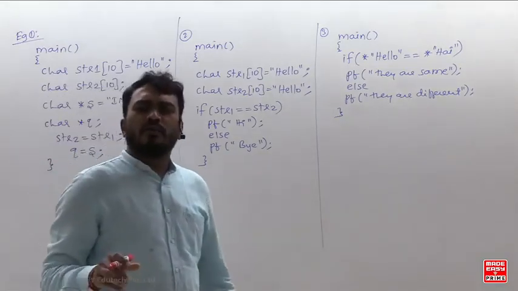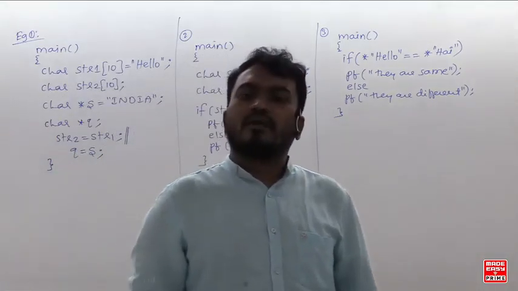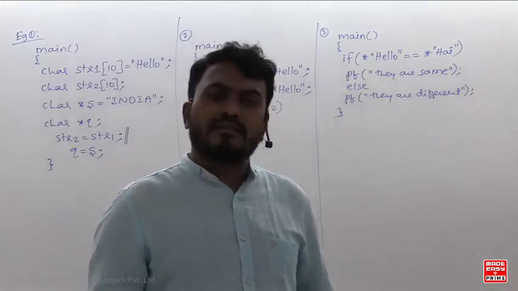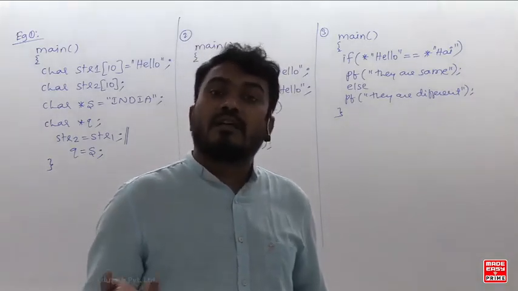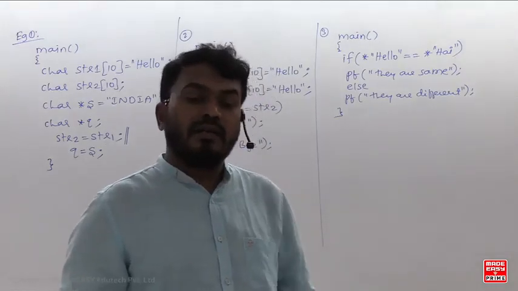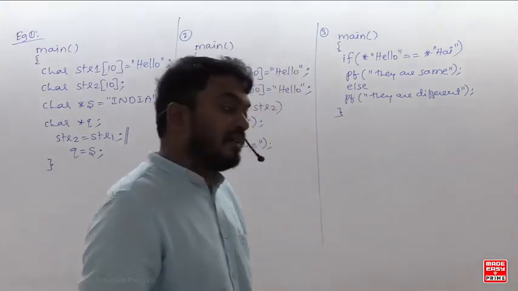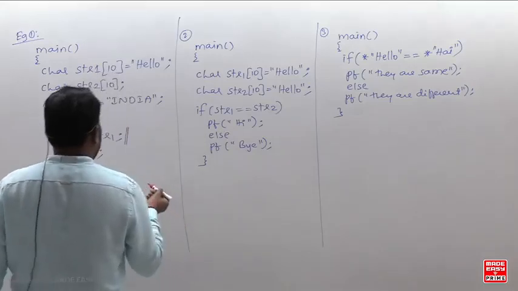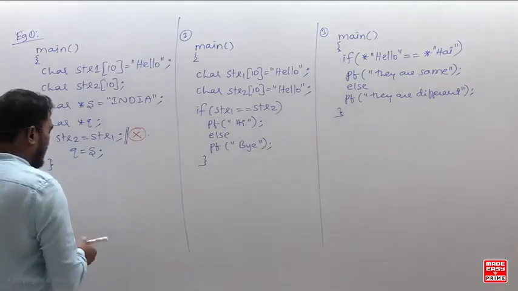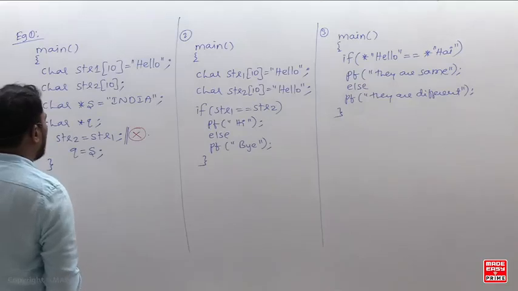Now tell me, an array name without subscript will contain what? Base address. An array name without subscript contains a constant base address. And can you modify that base address? That is not allowed. Remember, this is strictly not allowed. This will give an error at compile time.